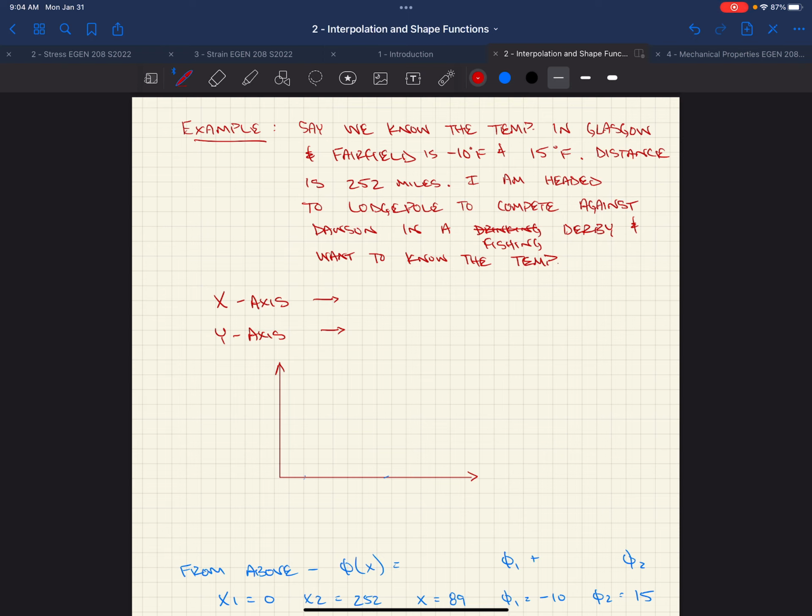The distance between the two is 252 miles, and I'm headed to Lodgepole to compete against Dawson in a fishing derby, okay? And I want to know the temperature, right? This is obviously not structural engineering, but it just shows the applicability of the finite element method to any sort of problem, right?